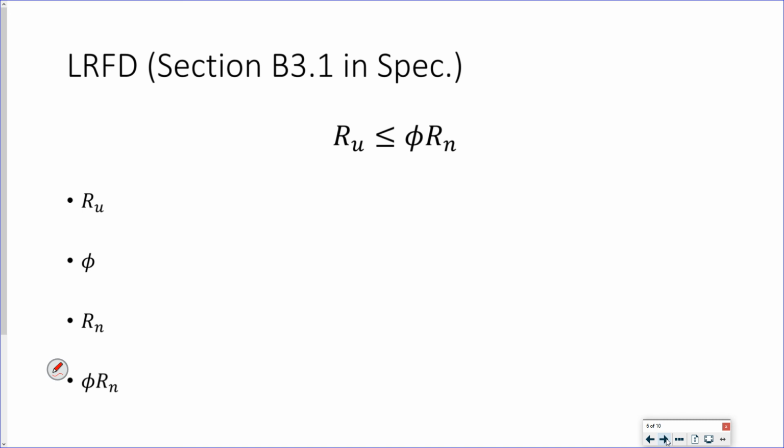Section B3 starts on page 16.1-11, and we start to talk about LRFD and ASD.